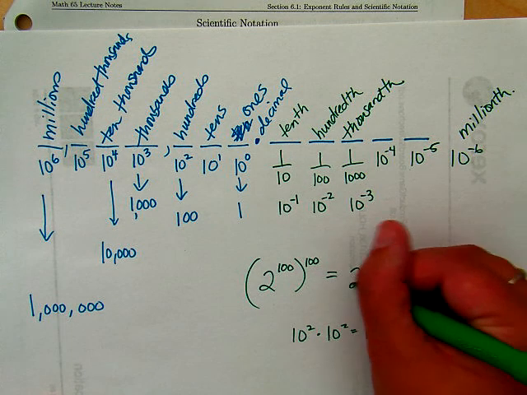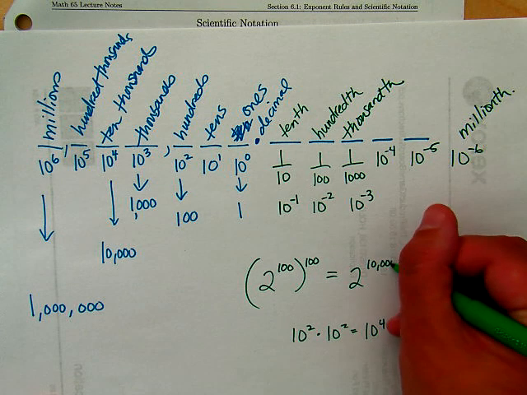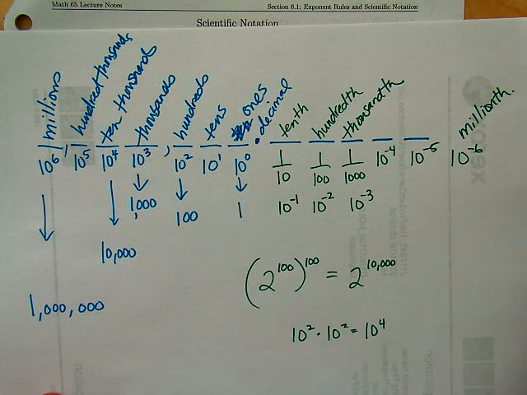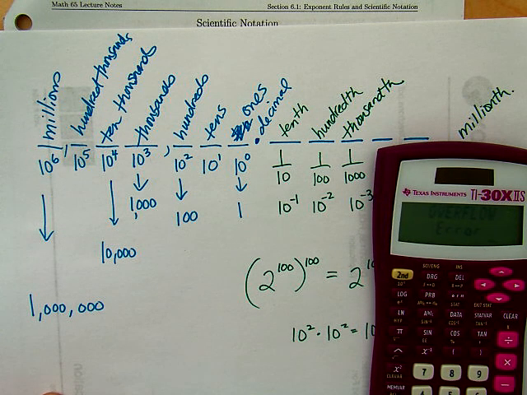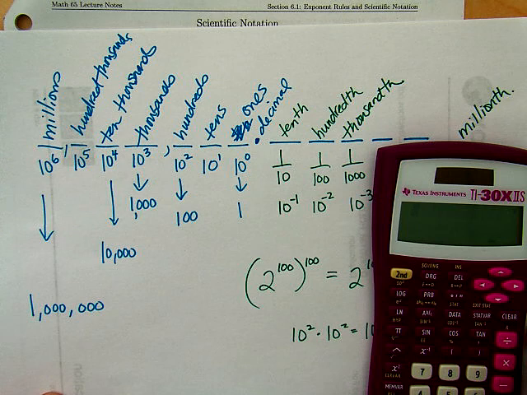That's 10,000. 2 to the 10,000th power. Do you think that's going to be a really big number? In fact, it is. If I go 2 to the 100,000th power, it's even too big for my calculator to handle.